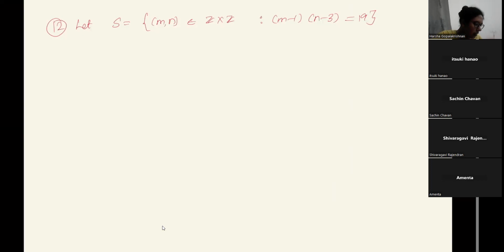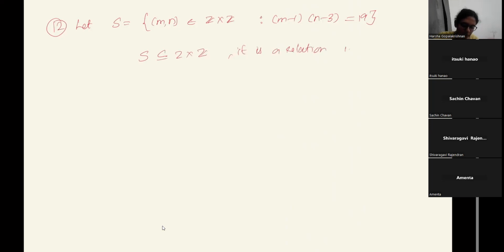Okay. So S is given as set of all (m, n) in Z cross Z, (m minus 1) into (n minus 3) equal to 19. So this is basically a relation. This is a subset of Z cross Z and it is a relation in Z. Correct? How is this relation defined?